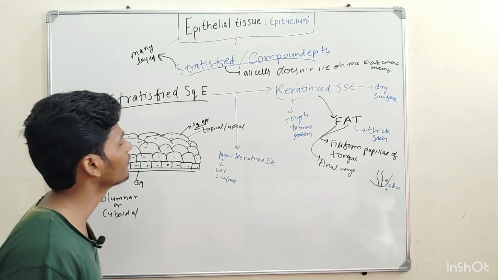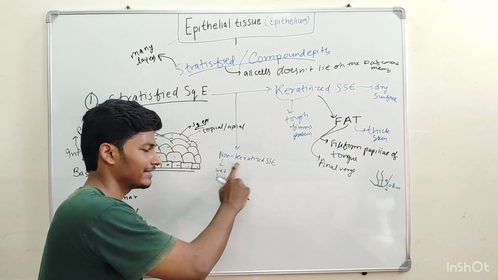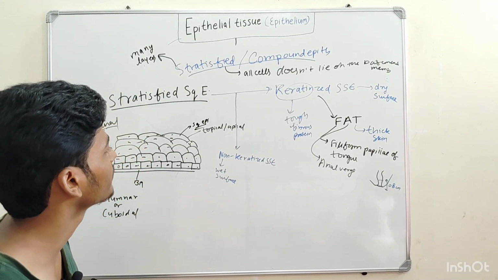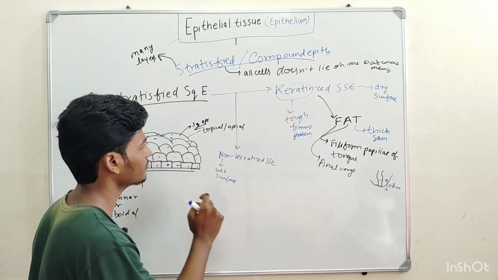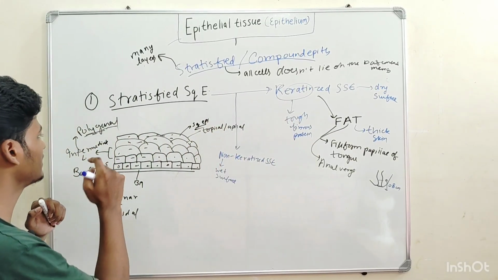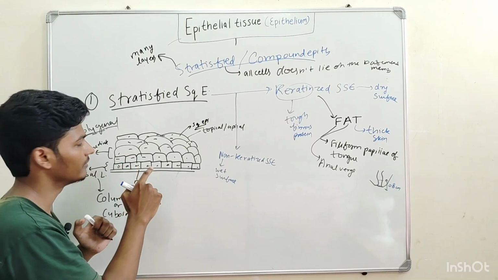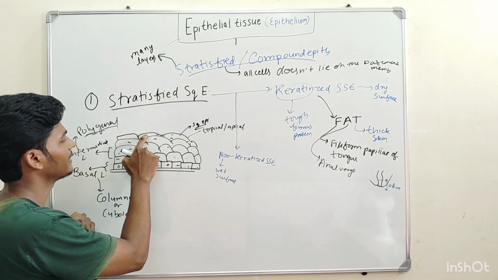Let's talk about non-keratinized stratified squamous epithelium. In this epithelium, as the name suggests, the keratin layer is absent. That's why it is called non-keratinized. Let's see the diagram. If the epithelium is keratinized, then in the apical layer the nucleus will be absent because it is a dead cell.